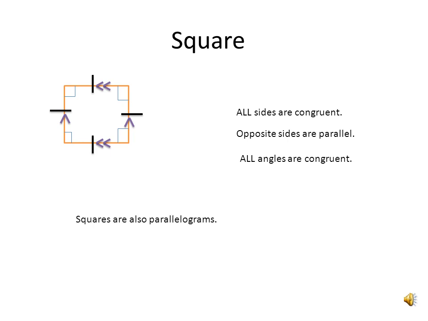Due to the fact that opposite sides are congruent, opposite sides are parallel, and all four angles measure 90 degrees, a square can also be called a rectangle. Because a square also meets the criteria of having all sides congruent, opposite sides parallel, and opposite angles congruent, it may also be called a rhombus.